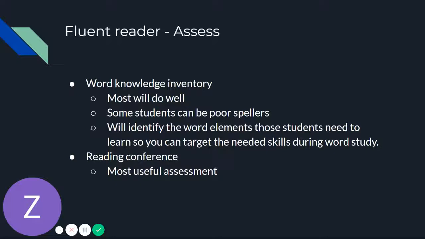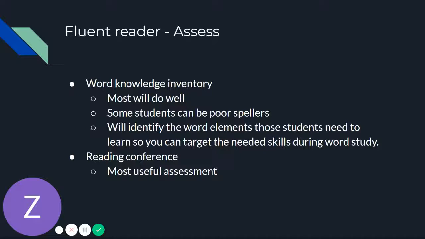So how we assess a fluent reader would be a word knowledge inventory and an individual conference with a comprehension interview. And for the word knowledge inventory, even though most fluent readers are good spellers, we want to assess their comprehension, like I said, because some of them are great spellers.